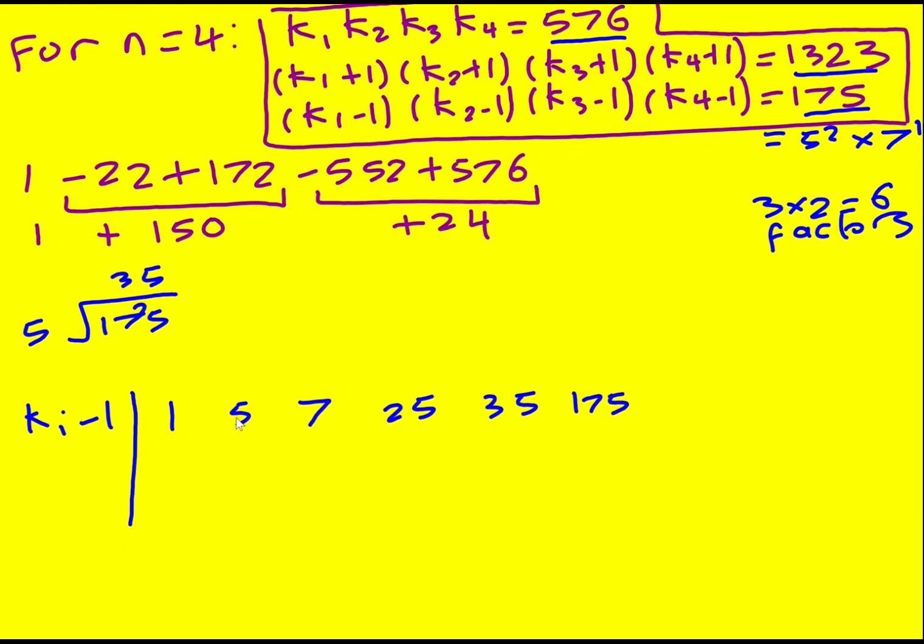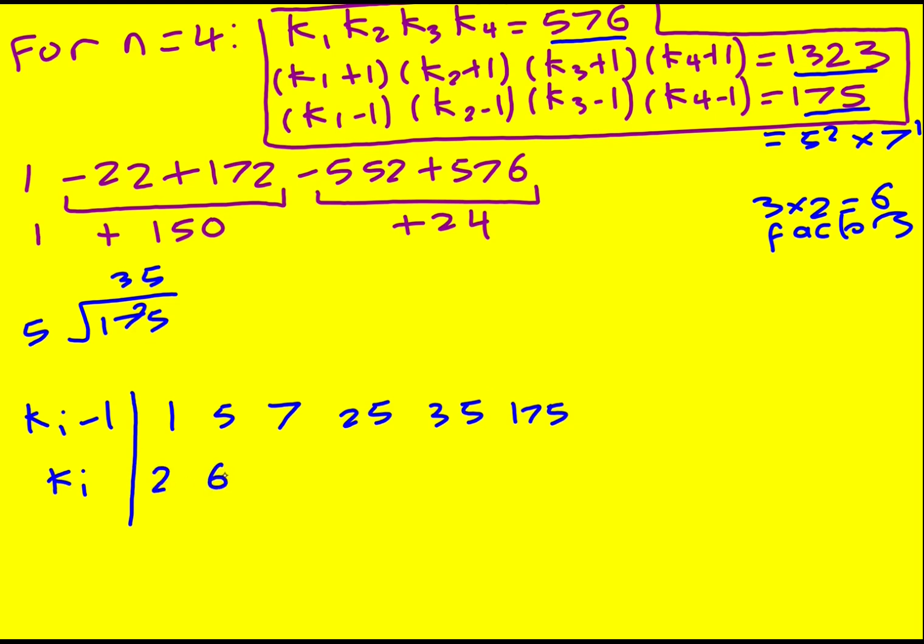Okay, I'm not going to forget the negatives, but I just wanted to make sure that I've got all 6. So if I want to know the different possible ki's, I'm just going to add 1 to each of them. 2, 6, 8, 26, 36, and 176.